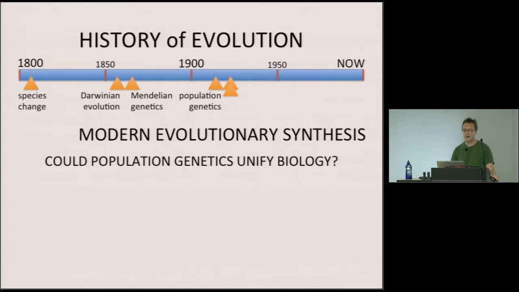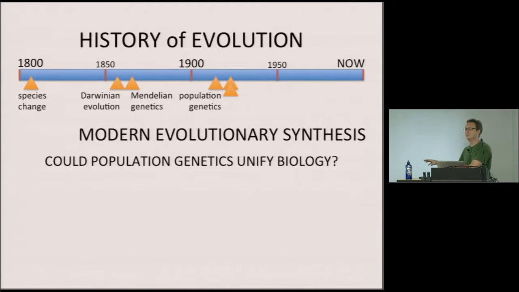So at the time you had sort of the Mendelian people looking at parent-offspring relationships. You had the population geneticists looking at allele frequencies or trait frequencies over time. You had the naturalists going out into the world and looking at different organisms and writing down their characteristics. You had taxonomists trying to organize species into these hierarchies.